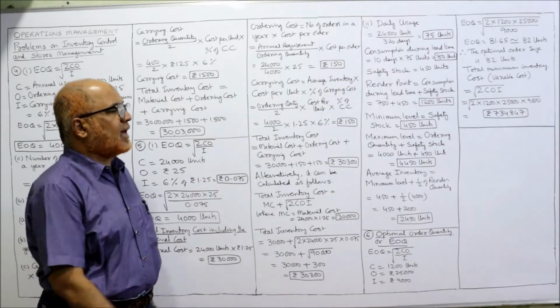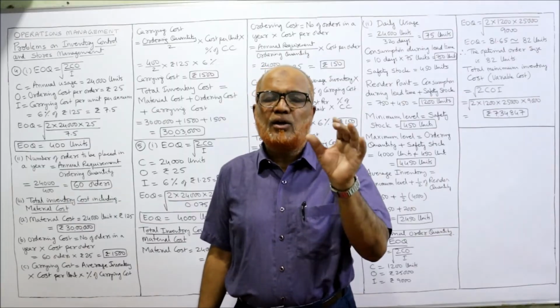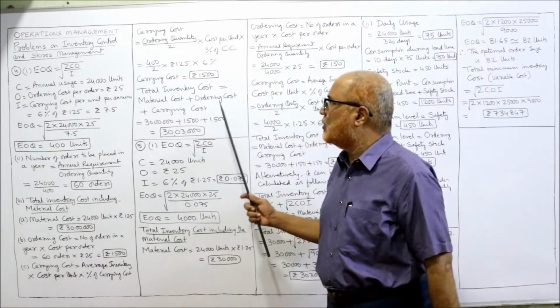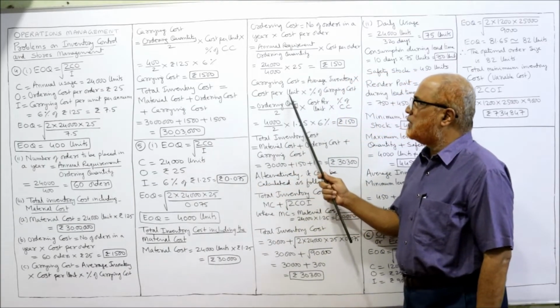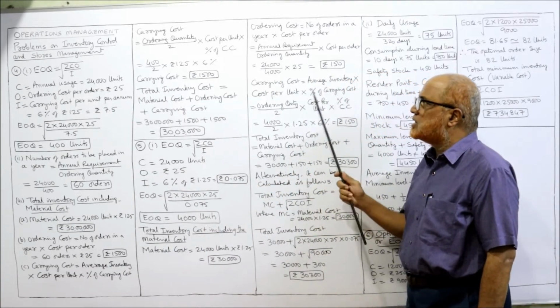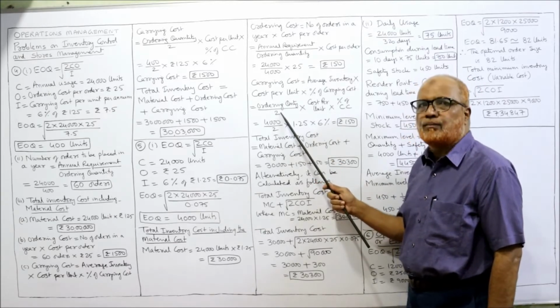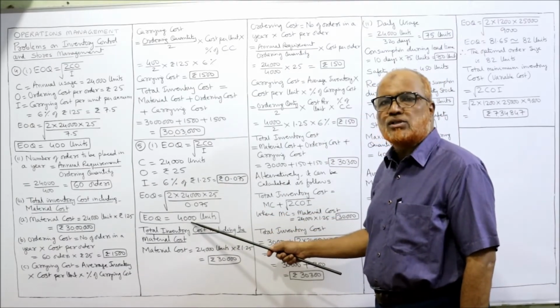Now we need the carrying cost. Same formula: average inventory into cost per unit into percentage of carrying cost. And average inventory is equal to ordering quantity divided by 2. The ordering quantity is the EOQ, 4,000 units.